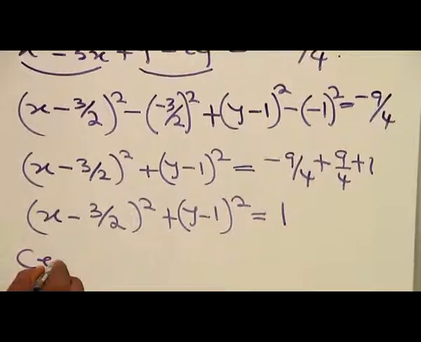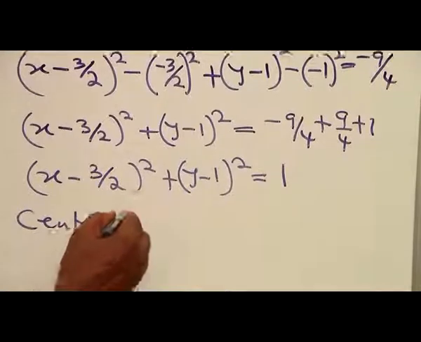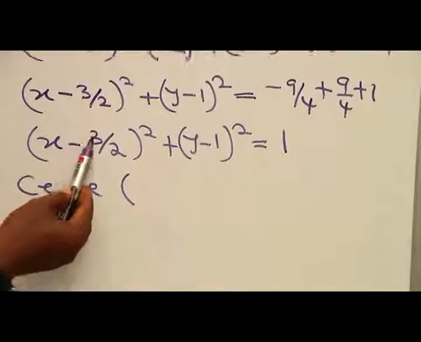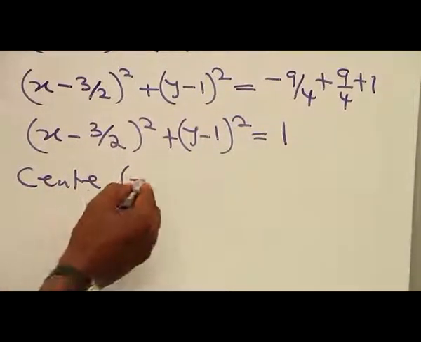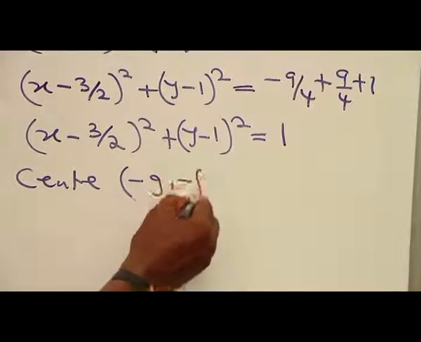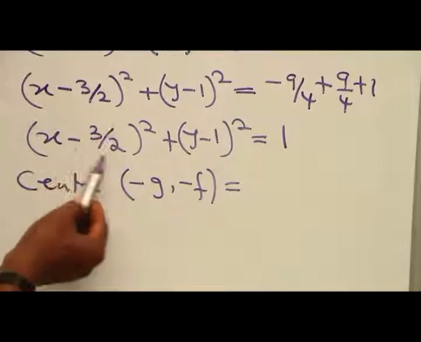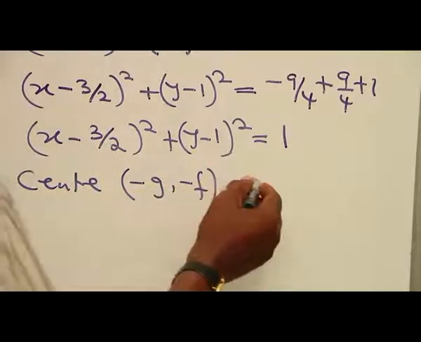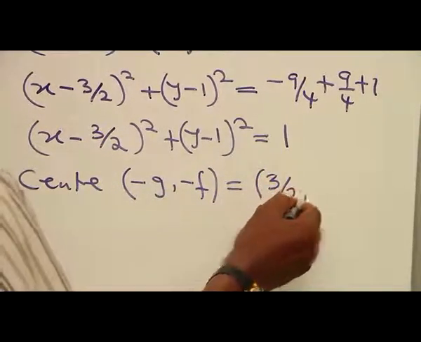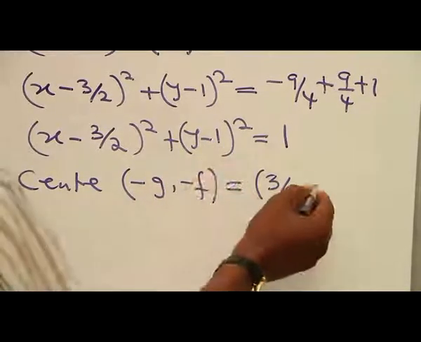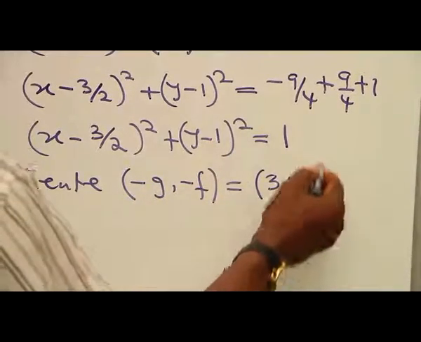Our center will now be equal to, here it is minus 3 over 2. Remember that it's supposed to be minus g and then minus f. Our g is this value that you have in this place, so the value now becomes 3 all over 2. And then our f is now equal to 1.